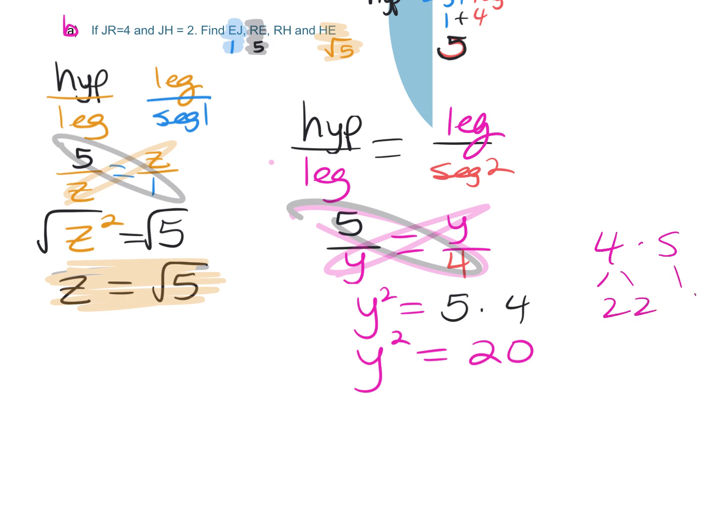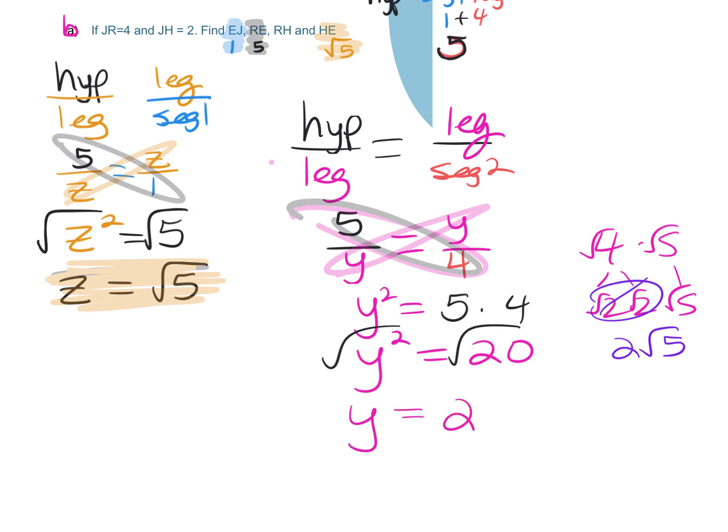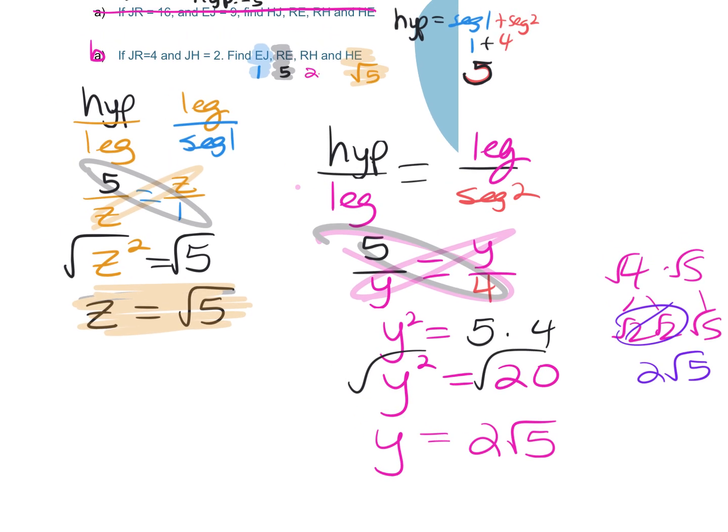So 2 and 2, pair of 2's, 2 comes out, 2 square root 5. So after you square root these, Y is equal to 2 times the square root of 5. And that will be RH. And that's the last piece that we had to find.